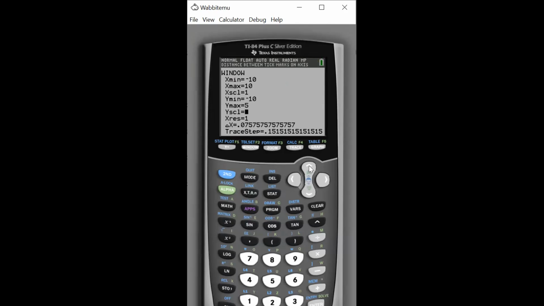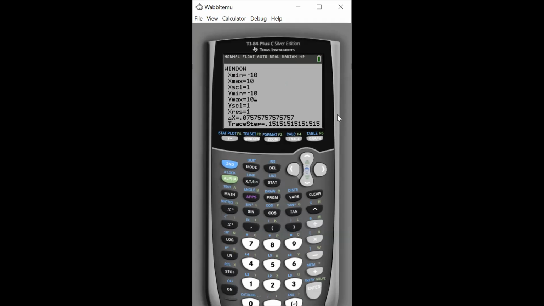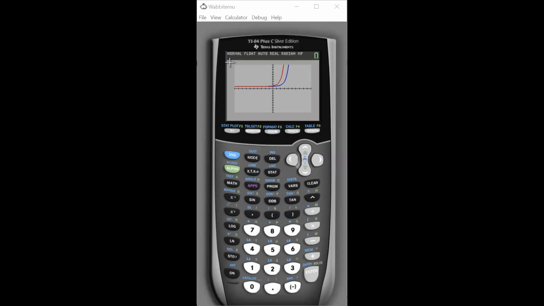So going down to Y max, I'm going to push 10. And then graph it one more time. So look at the little tick marks of where the blue and the red are and compare that to your graph that is on this picture. And ask yourself, which one does it match a little bit closer to?